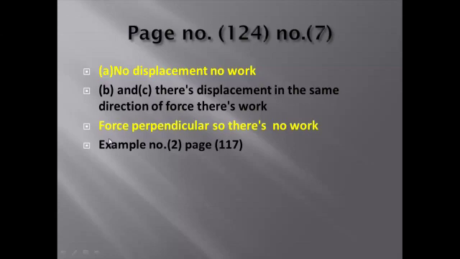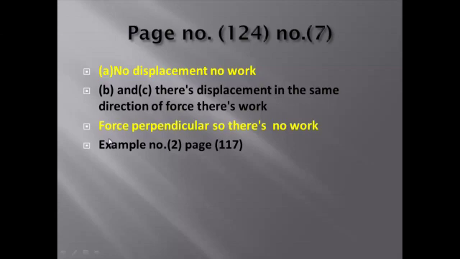Excellent. This is like your bag. You carry your bag, she carries the bucket, so the force will be up, and it moves horizontal. So the force will be perpendicular to the displacement. There is no work.